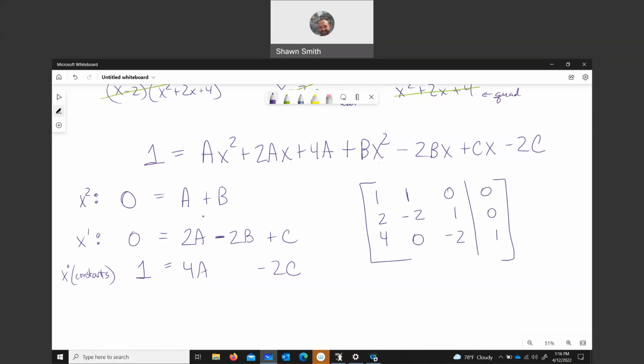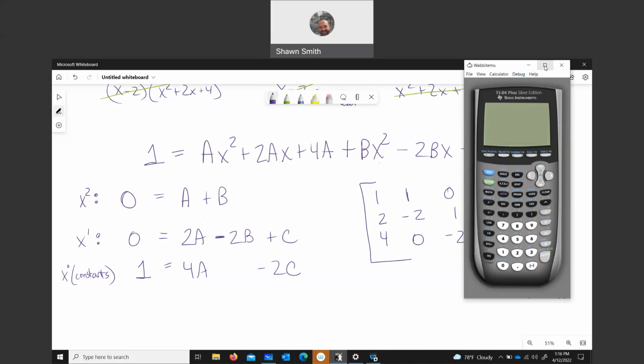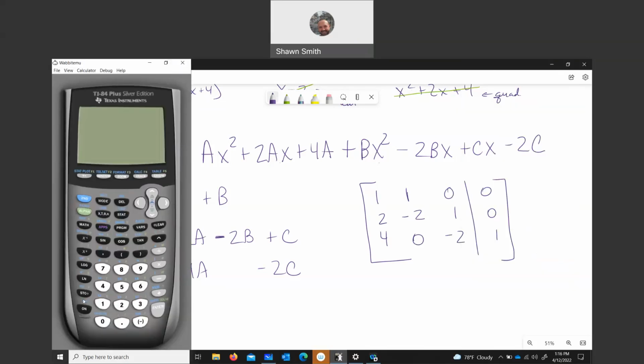I'd put that in the calculator. So just a refresher. Go to the matrix menu. Going to edit a matrix. This matrix is 3 rows by 4 columns. Put in these entries, 1, 1, 0, 0.